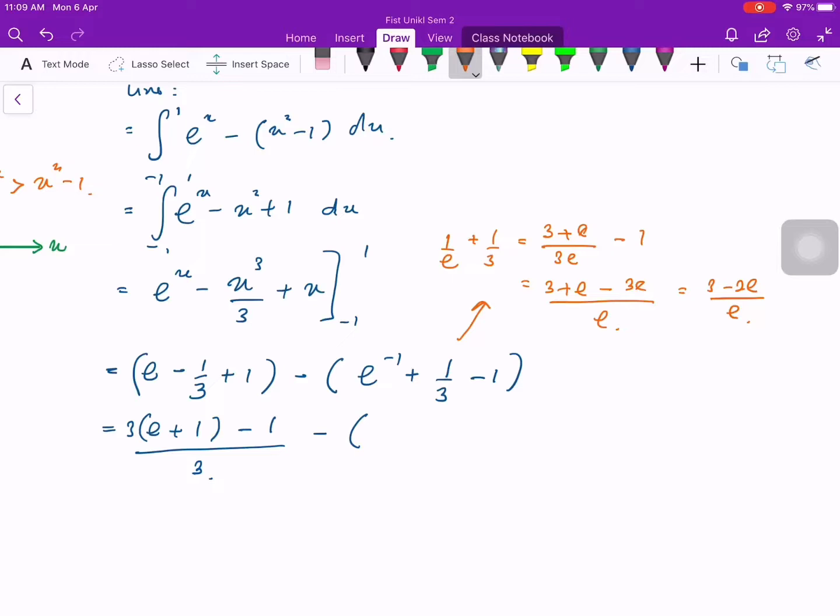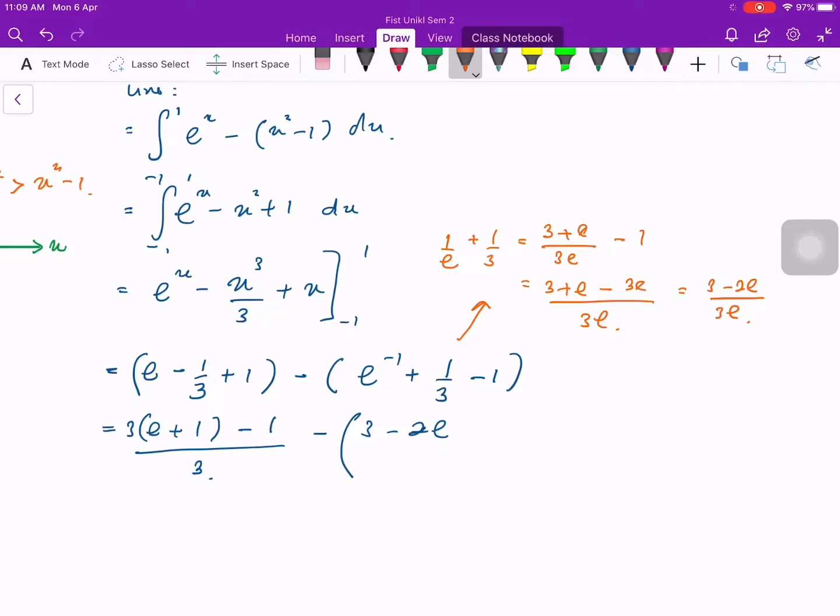So here we get minus (3 minus 2e) over 3e. Sorry, it should be 3e here.